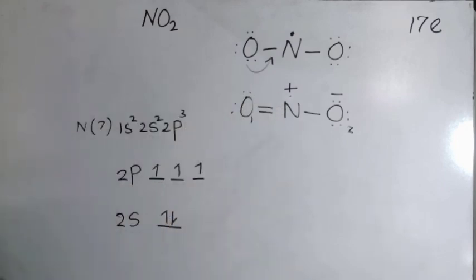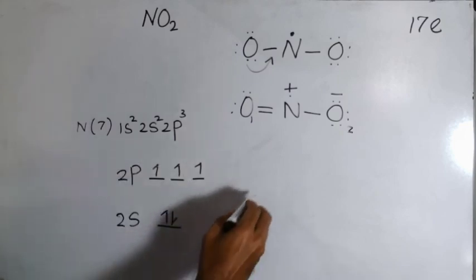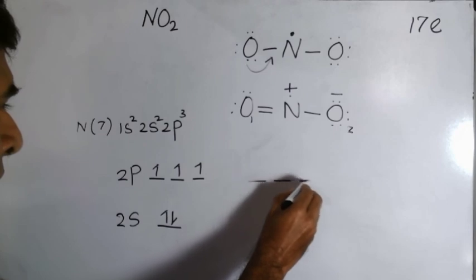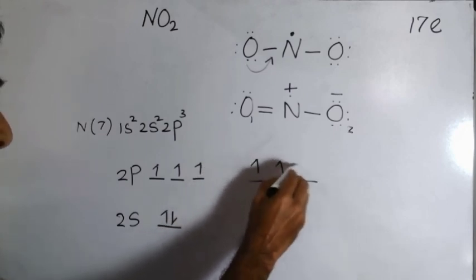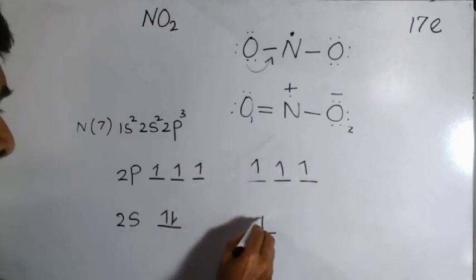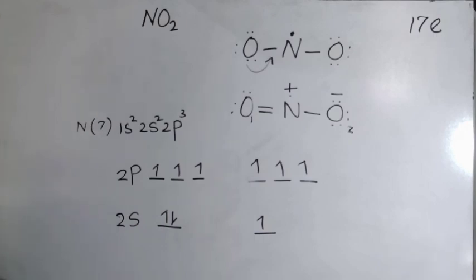But in the ground electron configuration, it has 5 electrons. So we have to rearrange so it accurately connects with this situation. It is accurate to remove this electron because it is energetically more favorable than removing the p electrons. So once it is removed, you can write like this.